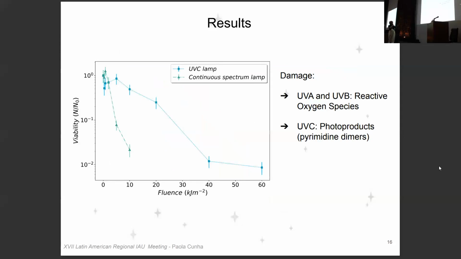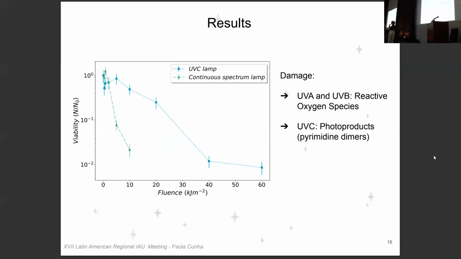Okay, so let's see higher values of fluence for desiccated experiments, with the same axis as the other plot. Here we have again the UVC lamp and the continuous spectral lamp. You can see for the UVC lamp, you have more counting values than the continuous spectral lamp.